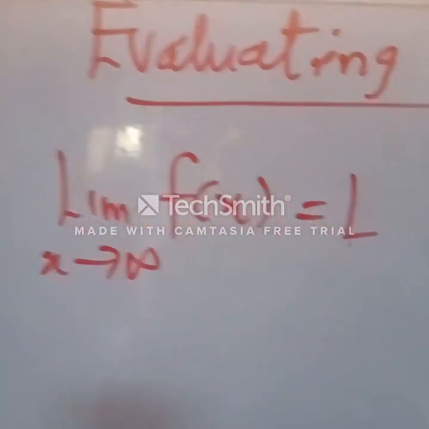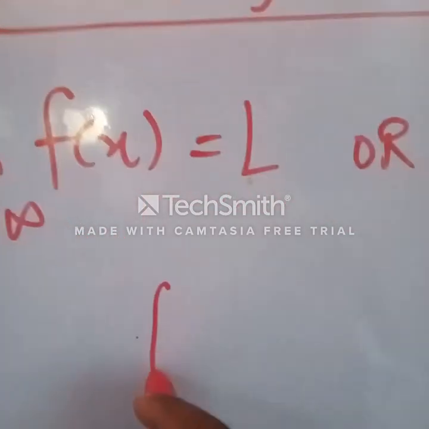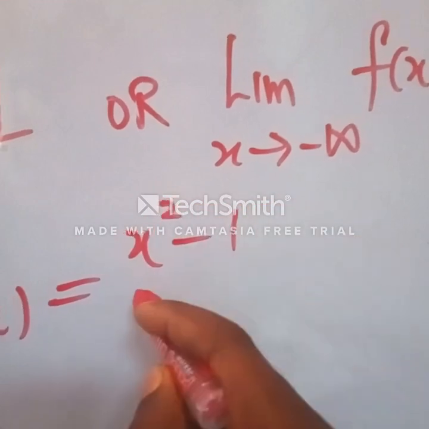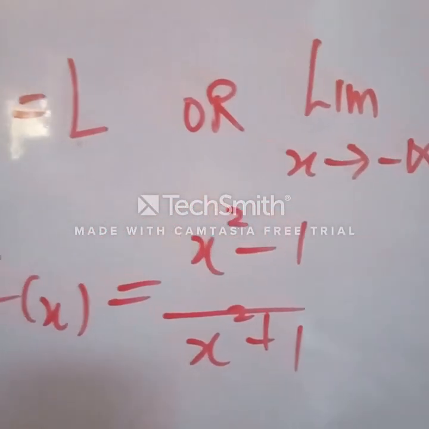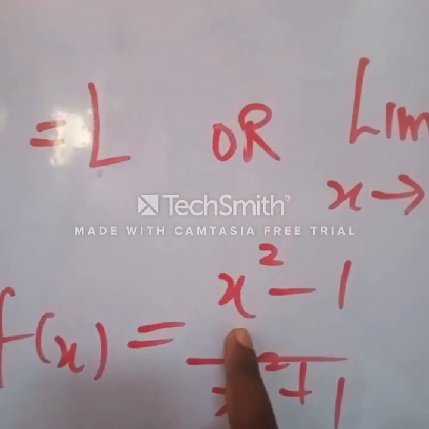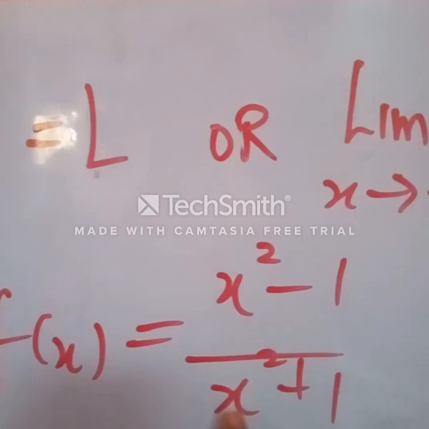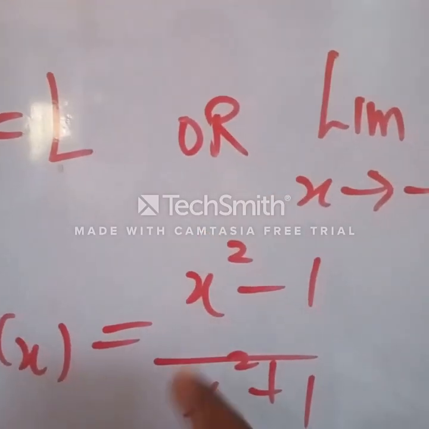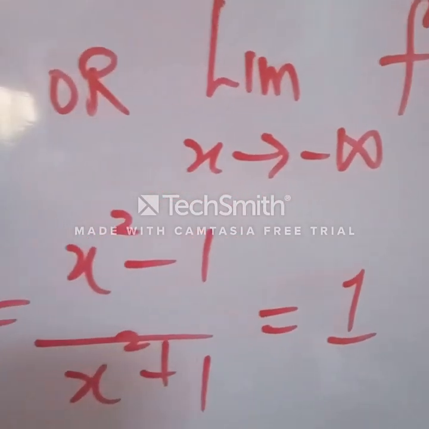This is illustrated with a given example: f of x equal to x squared minus 1 all over x squared plus 1. So here we have seen that when x becomes positive without bound, or when x becomes negative without bound, the limit of this function is 1.